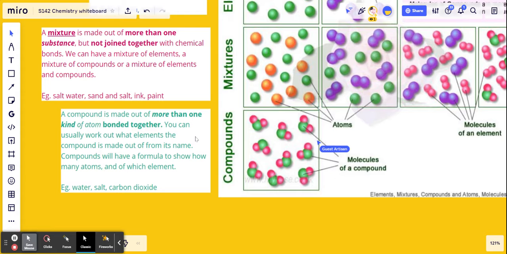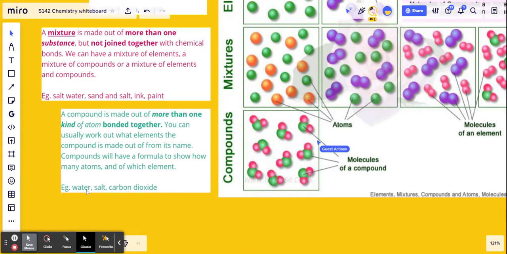And there are different rules you can learn to work out what's in it. So, for example, copper sulfate. It's got copper in it, it's got sulfur in it, but the ATE means it's got sulfur and oxygen in it.